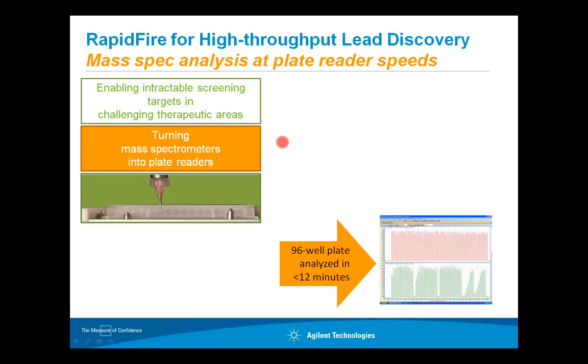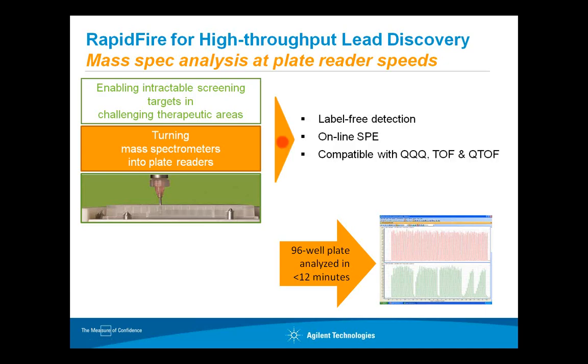However, as we mentioned earlier when we were talking about the benefits of mass spectrometry, sometimes it becomes difficult when we have to use optical, radioactive, fluorescence in order to get excellent readouts. But again, the balance is always the speed. When we use the RapidFire system, we're able to get very close to that speed of a plate reader, but again, taking advantage of this excellent tool, the mass spectrometer.